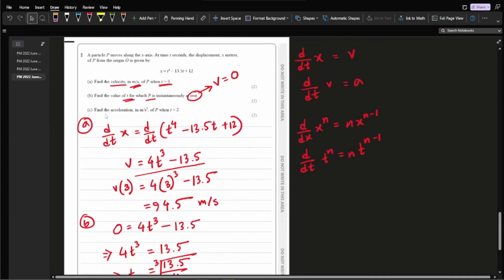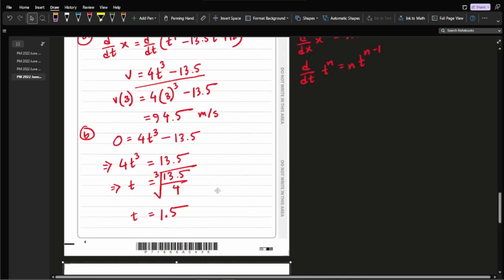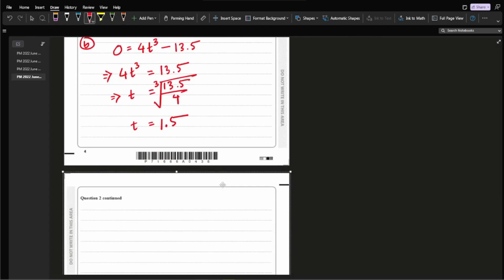Now the last question says find the acceleration in meter per second squared of P when t is equal to 2. Again, we have to find the general equation of a and then plug in the value of t into that equation. So let's do that.